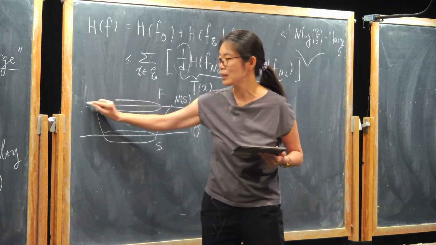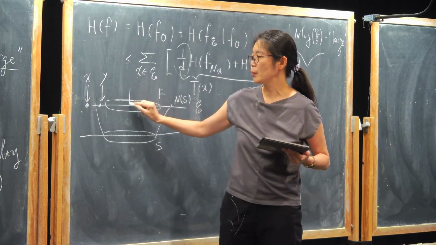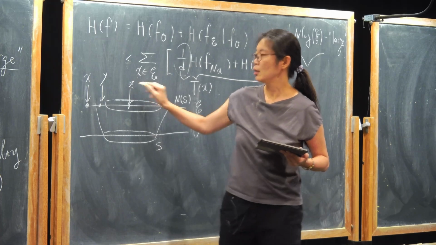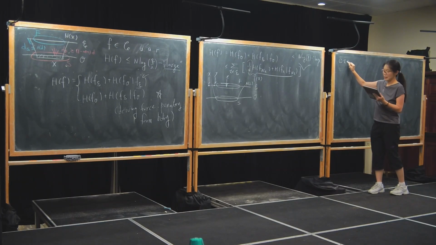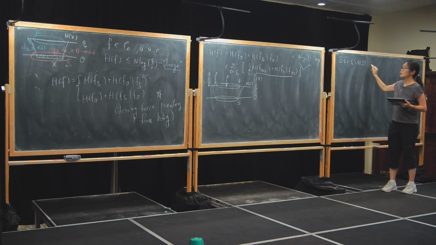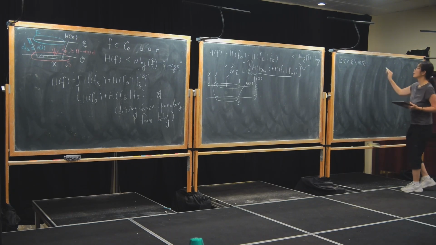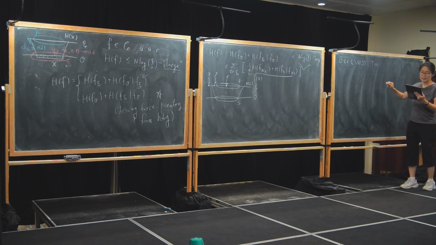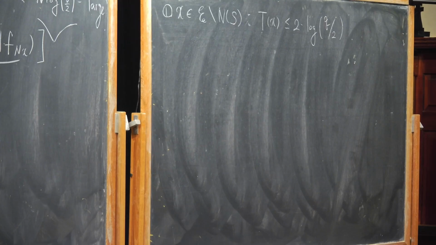The first part is here, the second part is here, and the third part is here. Let me tell you what they are. First of all, number 1, X is in E minus the neighborhood of S. In this case, I claim that T of X is at most 2 times log of Q over 2. This is very easy to see, so let me ask you, why is that true?